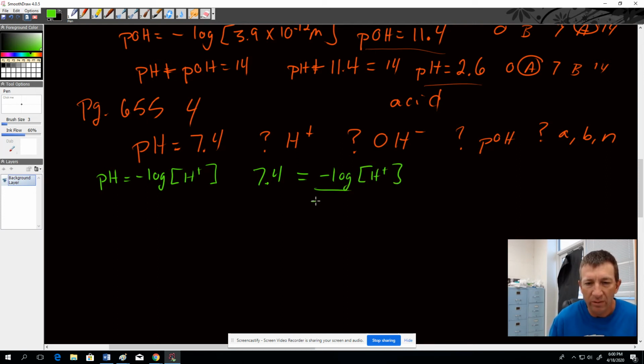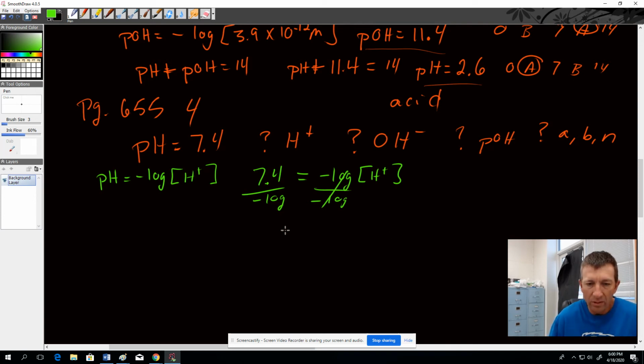In algebra, we just divide by the negative log. It's a little different to do this on your calculator: you go to the second function log, and then you enter negative 7.4. That will give you your answer.